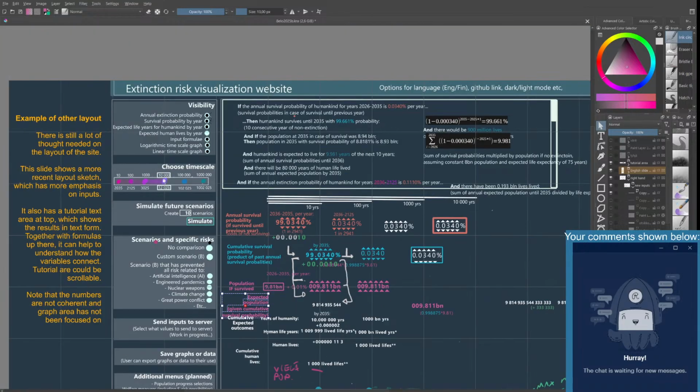I wonder is there a good way to somehow separate some kind of result area here, because before I had this expected population here, and then this area of these cumulative expected outcomes.